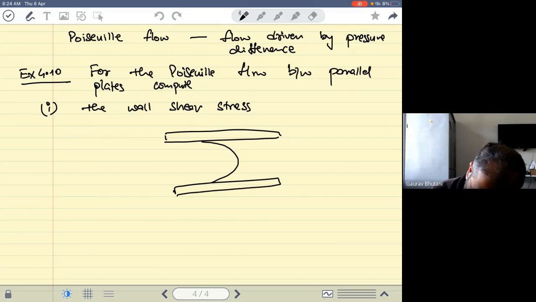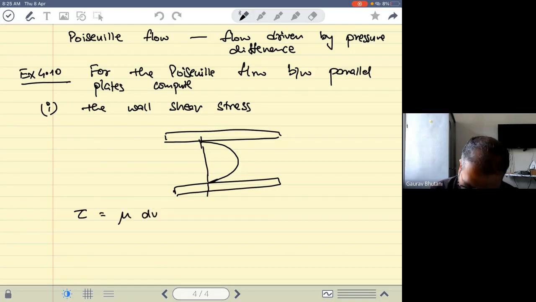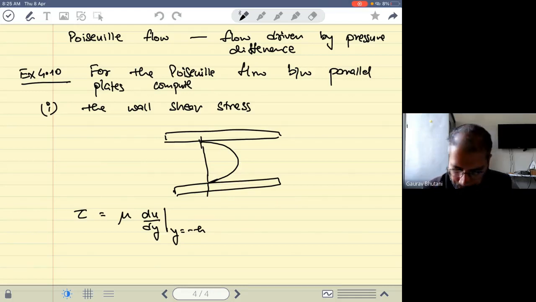So this is our velocity profile. Now remember, shear stress was given as mu du by dy at the wall, that is at y equal to minus h. You can also put y equal to plus h, both are symmetric situations. So we'll call this tau wall, tau w. That is the wall shear stress at the bottom wall.